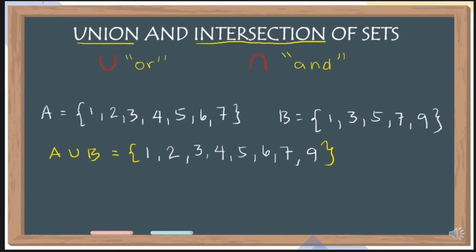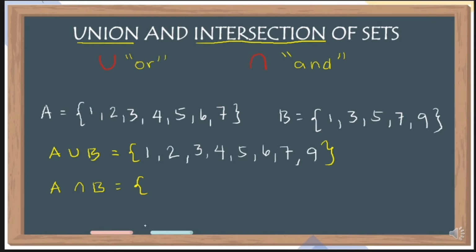Now, let's have, for example, the intersection ng set A and set B. So, intersection, kabaliktaran yan ng symbol natin. Ito naman yung mga elements na common sa kanilang dalawa. Parehas silang meron. So, let's start with the smallest number. 1. Kung mapapansin nyo, yung 1 ay common sa kanilang dalawa.